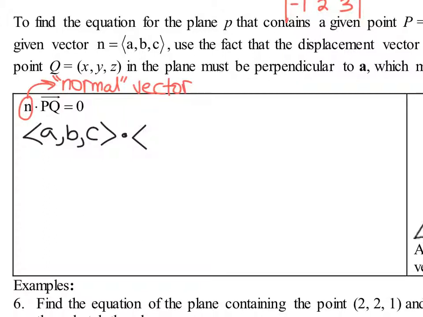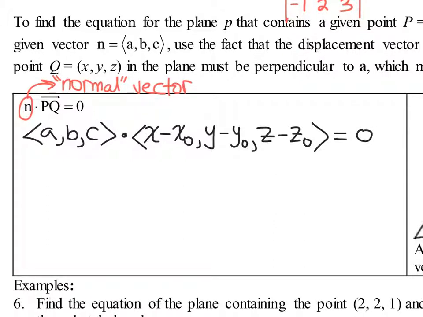So P to Q: x minus x sub O, y minus y sub O, and z minus z sub O. That dot product should be equal to 0.